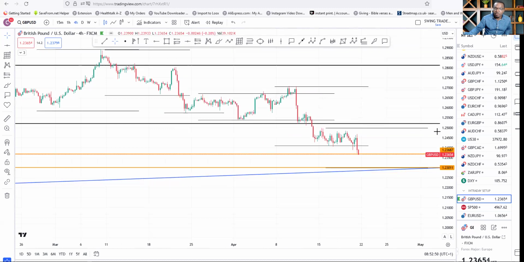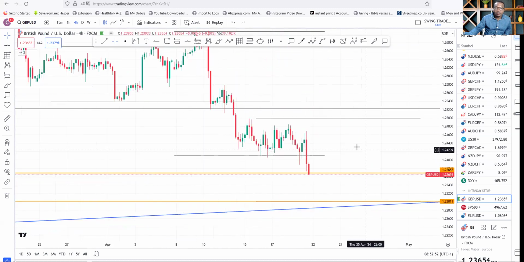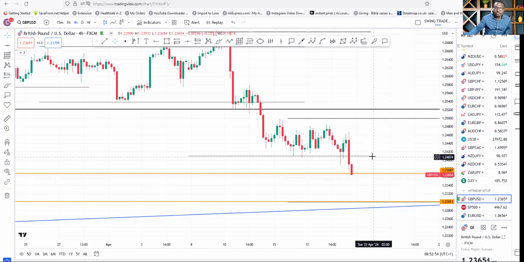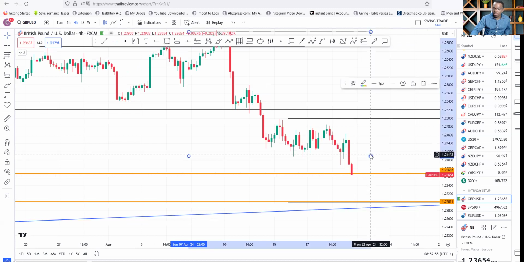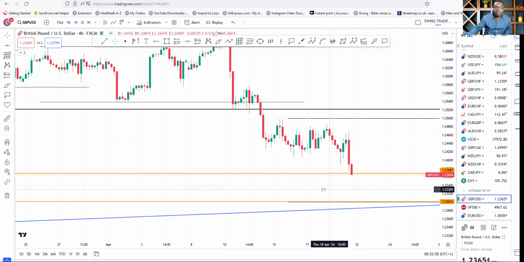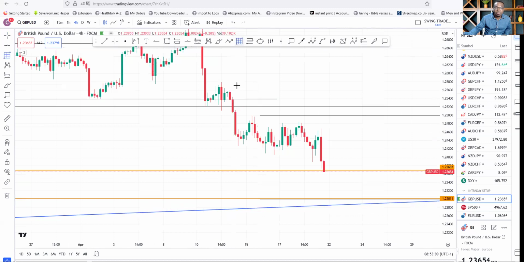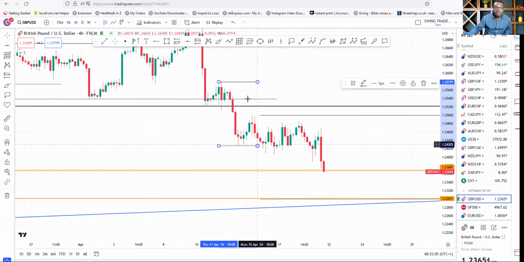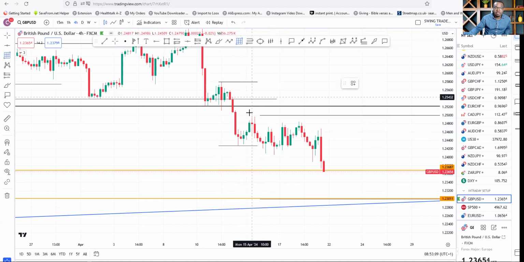Now on the 4-hour, we can see that the same move is going on. Because we look at trading the 4-hour, we want to look at the structure of what the 4-hour is like. As you can see, first we have this strong drop, and then price dropped again to break it lower.